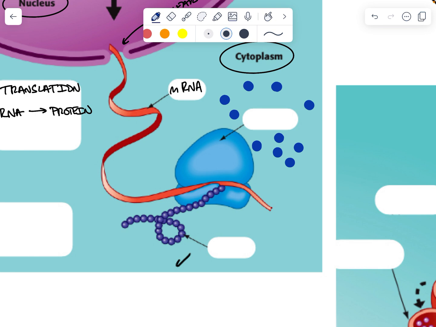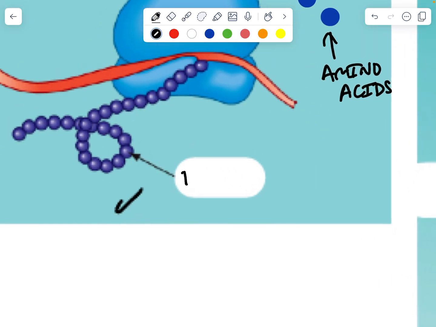So these are showing all my amino acids. And my ribosome is going to run down my mRNA and read the message encoded in this messenger RNA. It's going to grab amino acids from the cytoplasm and string them together to form a polypeptide.